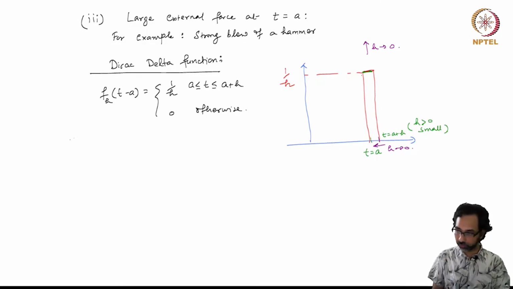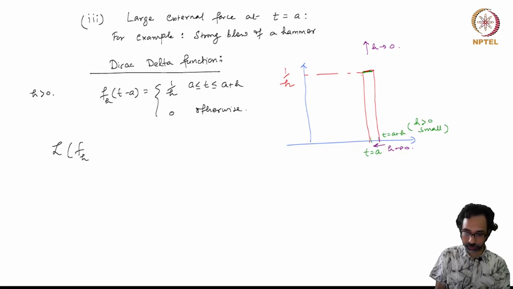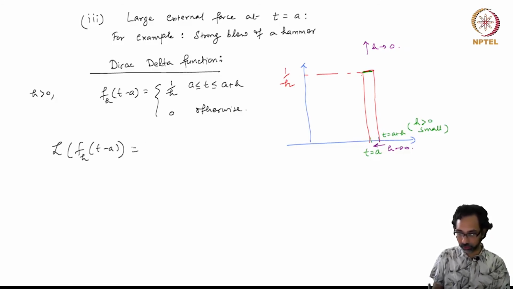So we can try to consider what happens when you take the Laplace transform for such a function. So the Laplace transform of f_h(t - a), where h is positive, is equal to the integral from a to a plus h of (1/h) e^(-st) dt.